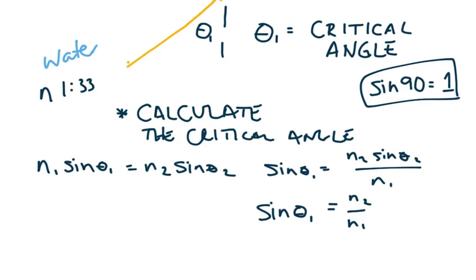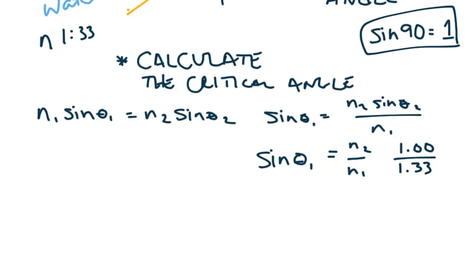So n2 was 1.00 divided by 1.33. If I calculate that, I find that sine theta 1 equals, what's 1 divided by 1.33? 0.7518 something rather, right?